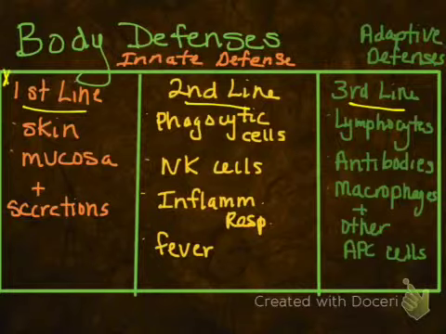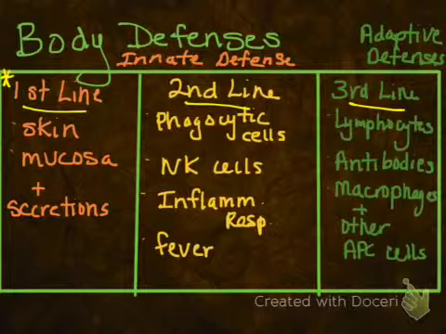So our first line of defense, which is part of the innate defenses, which we are born with, is our skin and mucosa, and the different secretions and or specializations that are associated with the skin and mucosa. The skin has an acid mantle. It's keratinized. Mucosal linings are in areas of the body that are exposed to the outside, so the respiratory, reproductive, digestive, and urinary tracts.